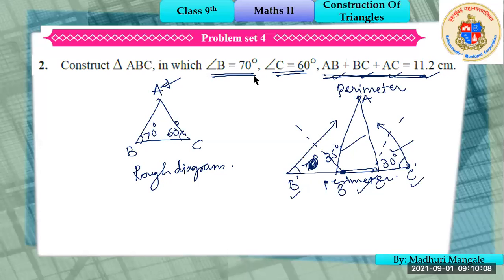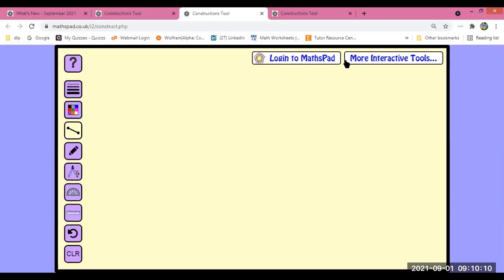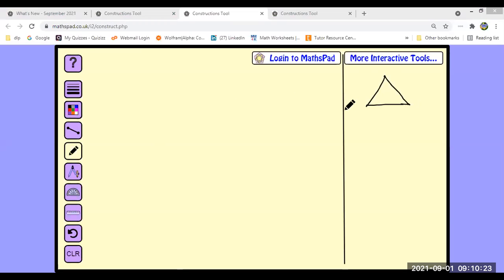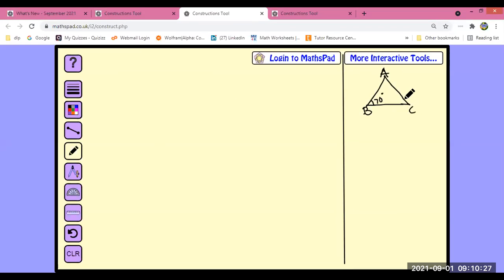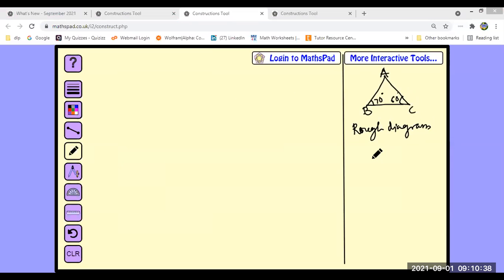Everyone, quickly be ready with your tools. So we start with drawing out the rough diagram first. That's ABC, where B is 70 degrees and C is 60 degrees, right? We need to mention that this is a rough diagram. Everybody start with drawing out the base first.